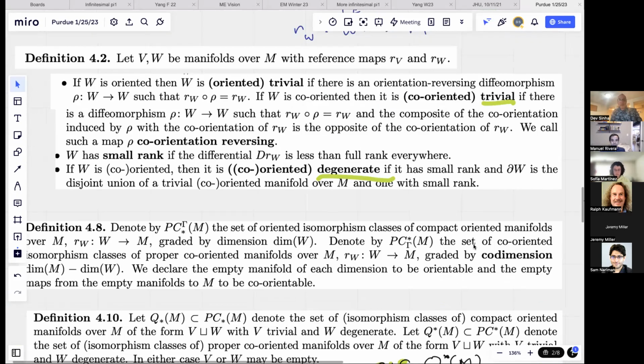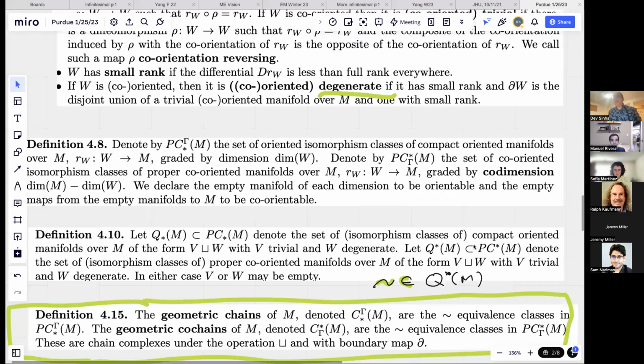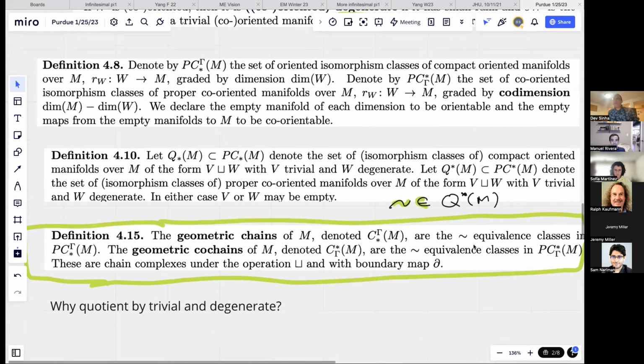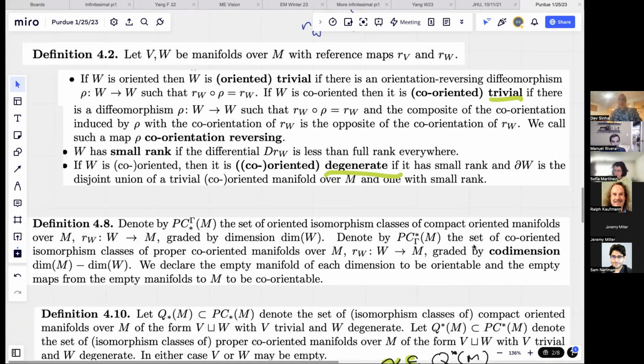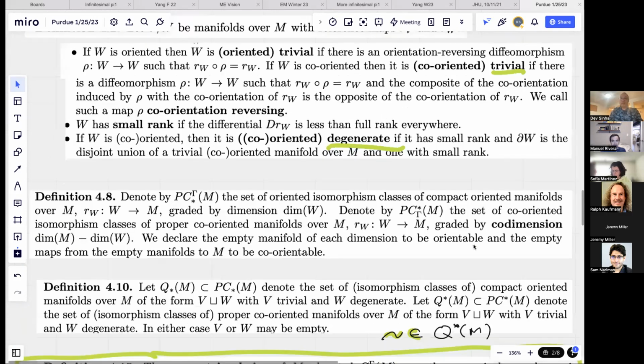Okay. So here's a pop quiz. If we were in class, why are we quotienting by the trivial ones? Anybody? Trivial ones were the ones with this involution. To get a chain complex.